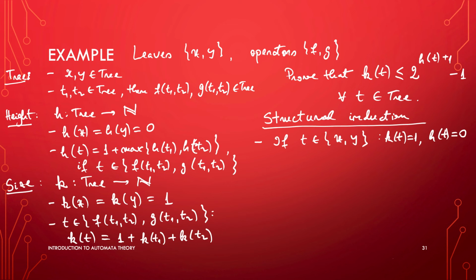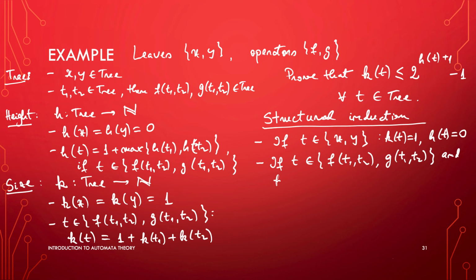Now for the induction step, we are going to assume that T is of this form, either F of T1, T2 or G of T1 and T2, and the property holds for T1 and for T2.